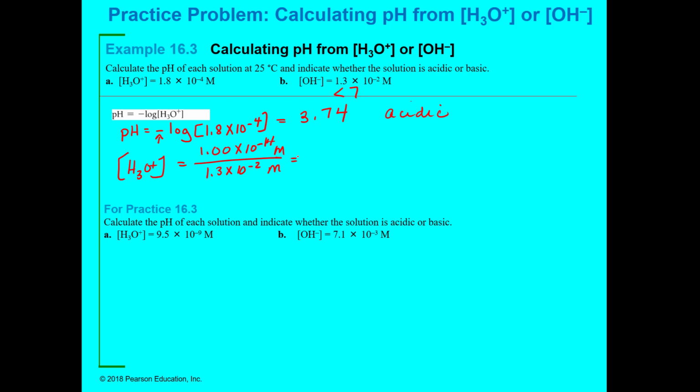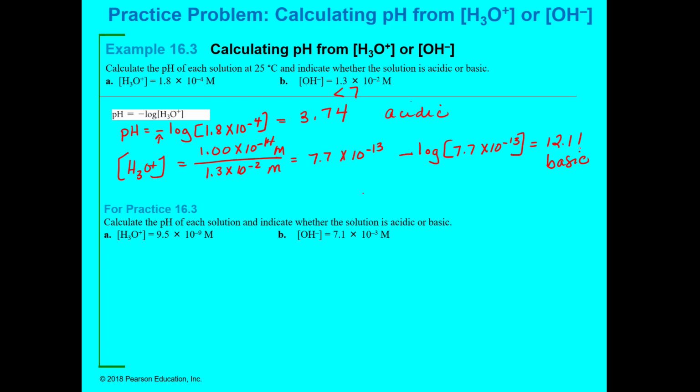And that is going to give us 7.7 times 10 to the minus 13. Okay, and that is the H3O plus. So then we take the negative log of that in our calculator, and that should give us 12.11. Now there are other ways to do it, and that's a base, right? Because that pH is higher than 7.